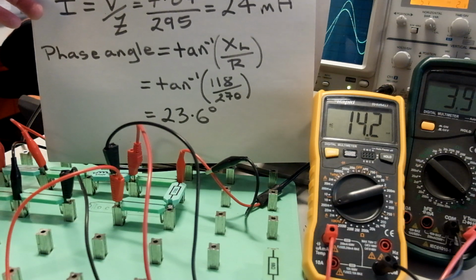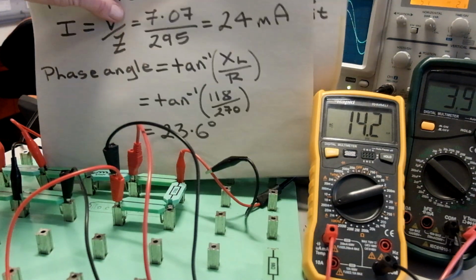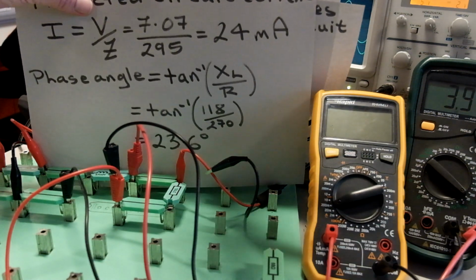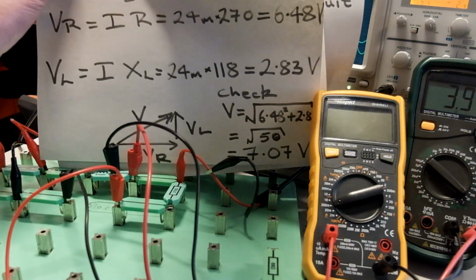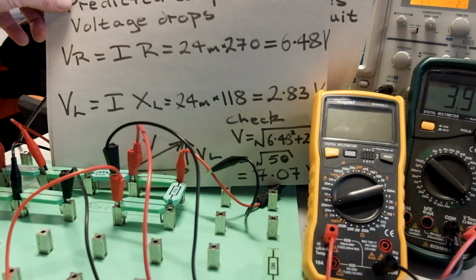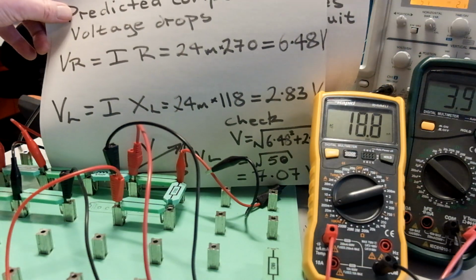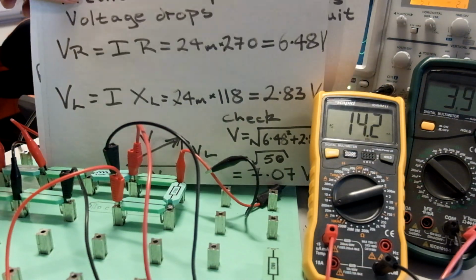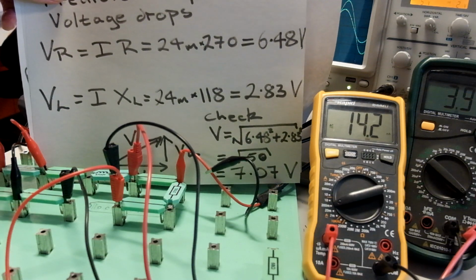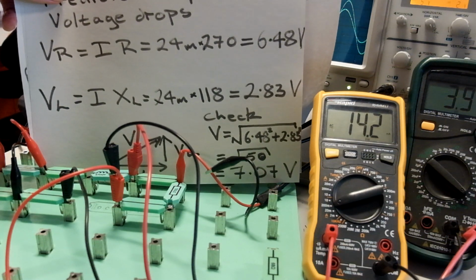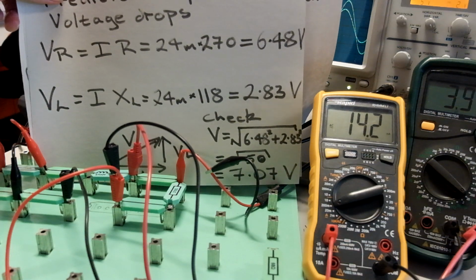On the oscilloscope, the phase angle using trigonometry should be 23.6, so 24 degrees. Now we can see from the meters that that is not the case. We can also predict the voltage across the resistor and the voltage across the inductor. VR across the resistor, from Ohm's law, the prediction from circuit theory would be 6.48 volts.